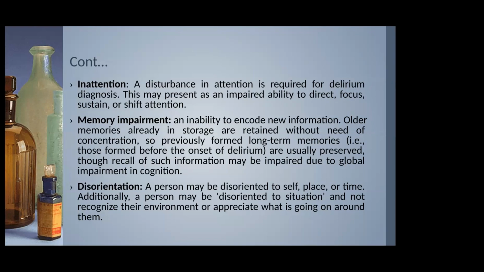But the problem here is that they have difficulty building up new memories, and usually they can also have difficulty recalling the information that was built even before the onset of the delirium, okay. That is the memory impairment that can happen in delirium.